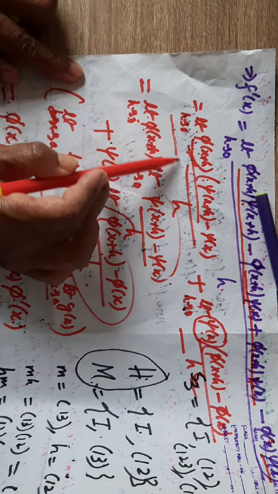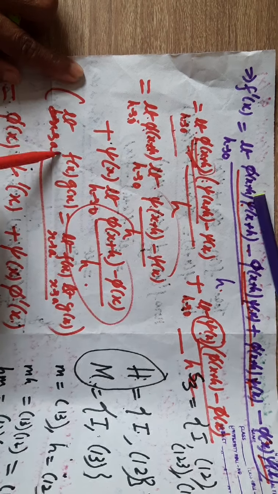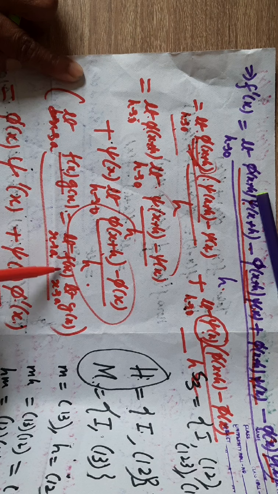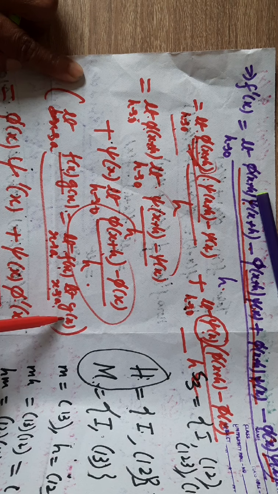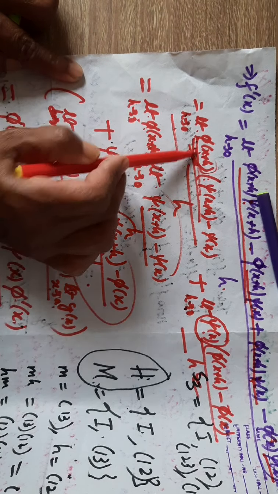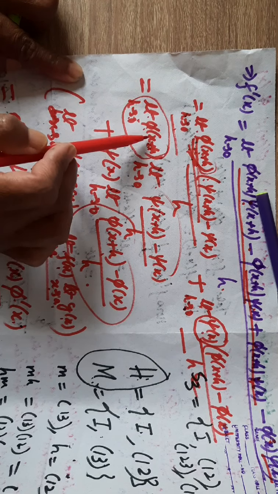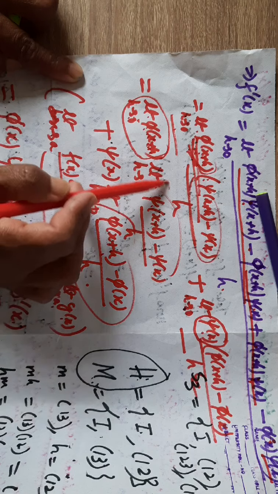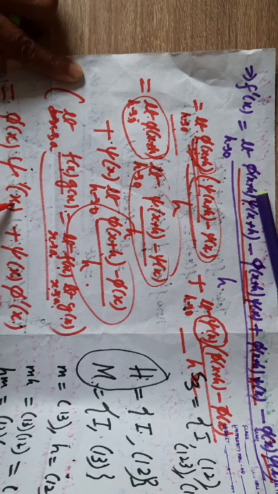Here you can see that I'm applying this result here: limit x tends to a f x into g x is limit x tends to a f x into limit x tends to a g x. So this one, when you take the limit as h tends to 0, it will give you phi of x. And this one is by definition of derivative, chi prime of x.